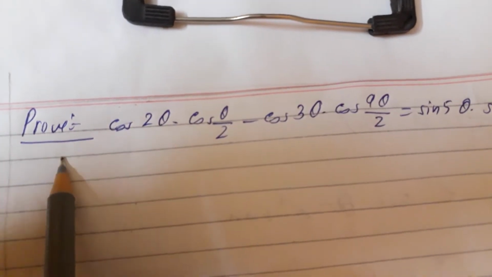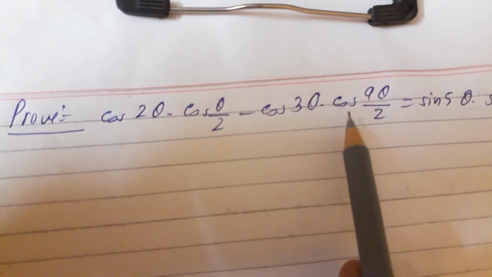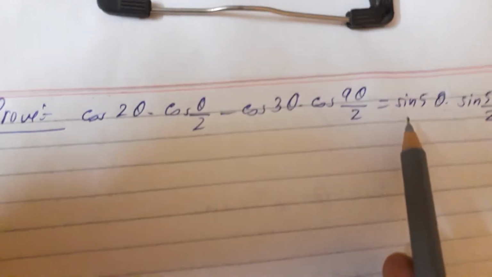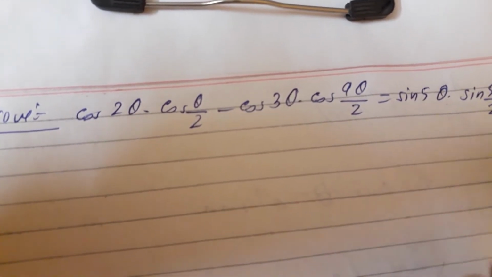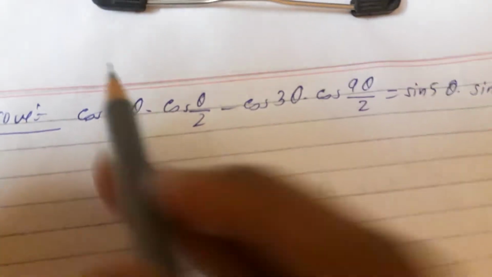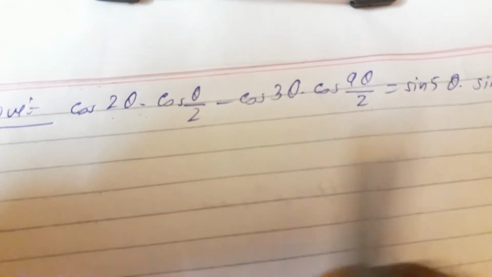Okay. Now see, in the next question you have to prove cos 2 theta into cos theta by 2 minus cos 3 theta into cos 9 theta by 2 equals sin 5 theta into sin 5 theta by 2. So you have to solve this. Now see here, cos 2 theta into cos theta by 2 is given.